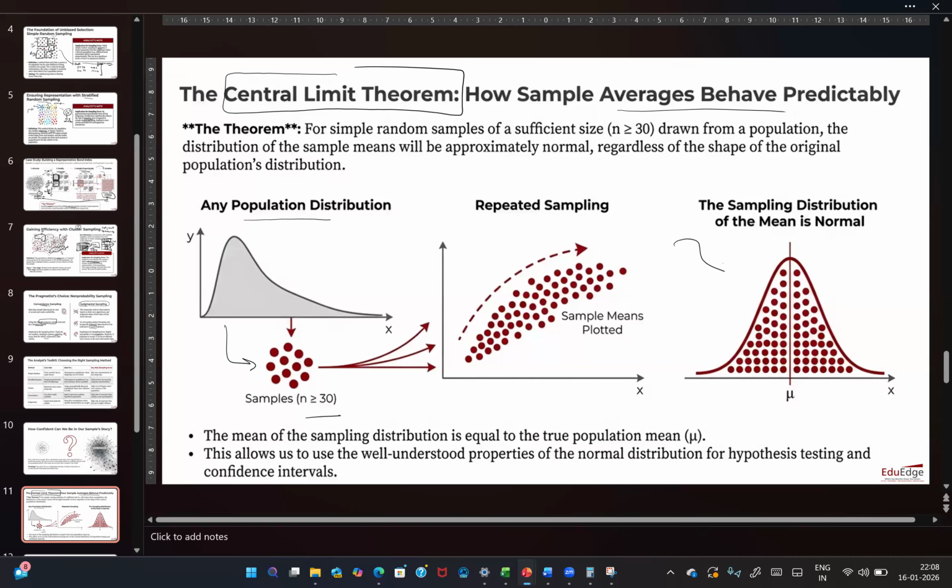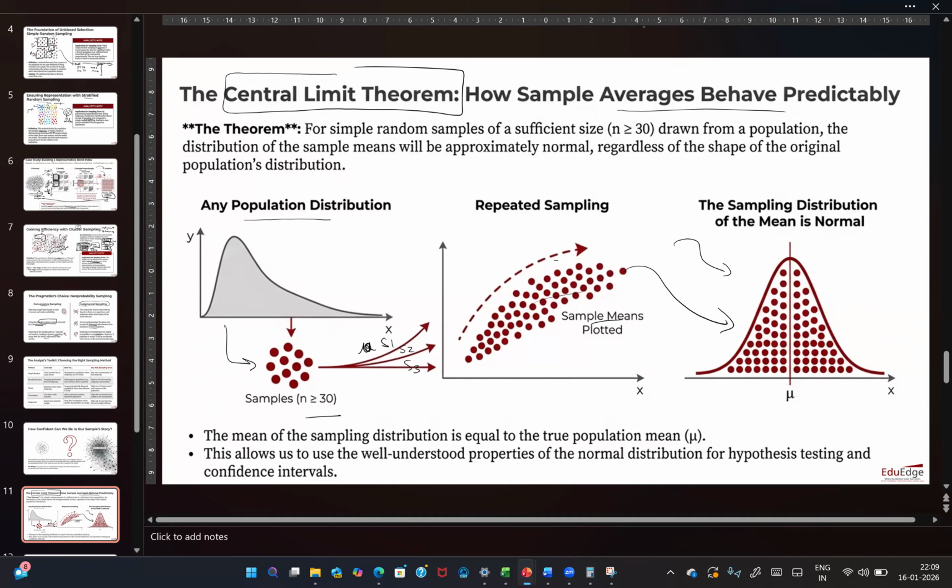You create a sampling distribution of the mean. You record the sample mean for each sample, S1, S2, S3, and then you plot all these sample means and create a PDF out of that.